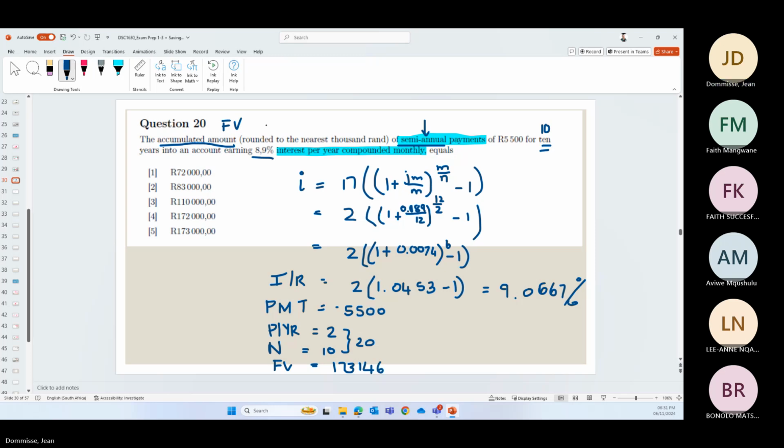173,146. They told us to the nearest 1,000, so 173,000. Okay, so luckily it is there. This one is way too close. It is very easy to miss that and pick 172 because that's very close to 173.